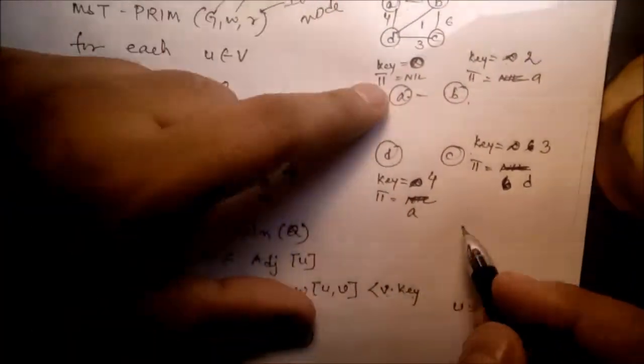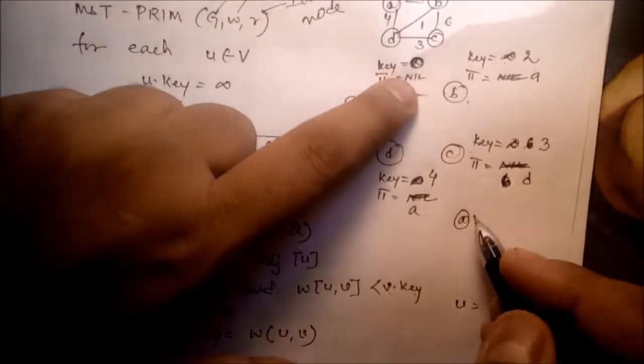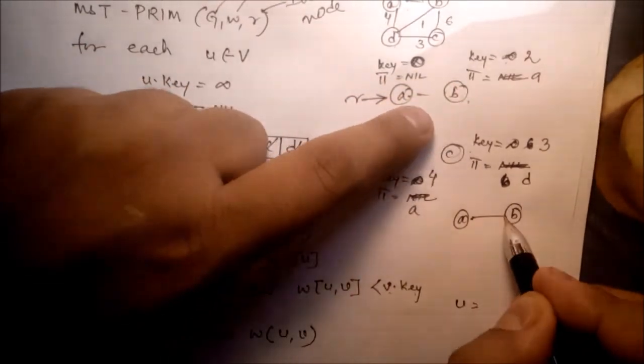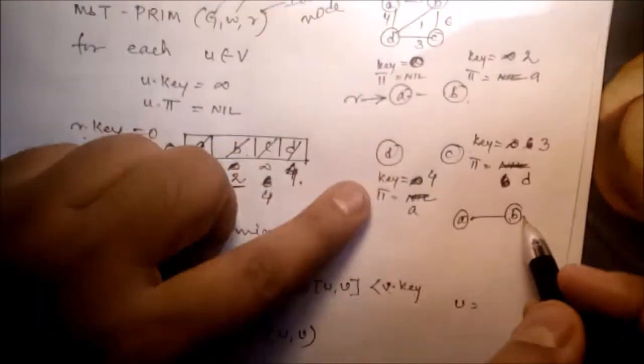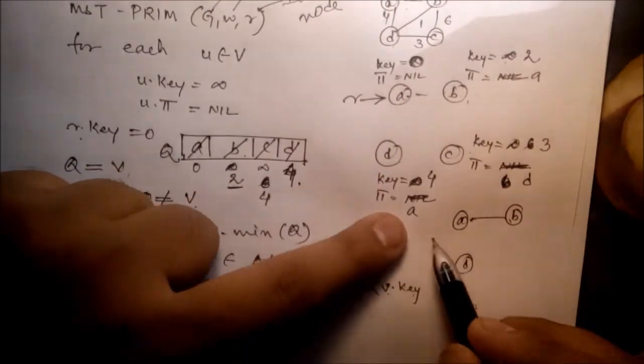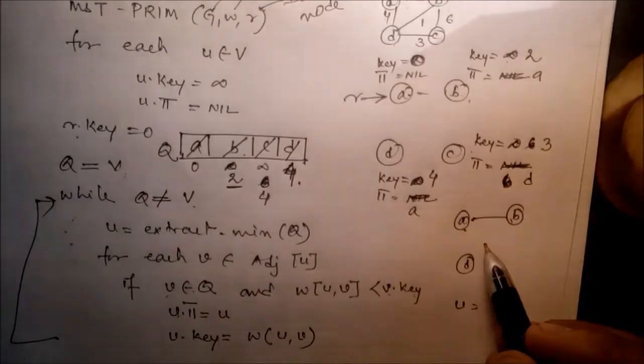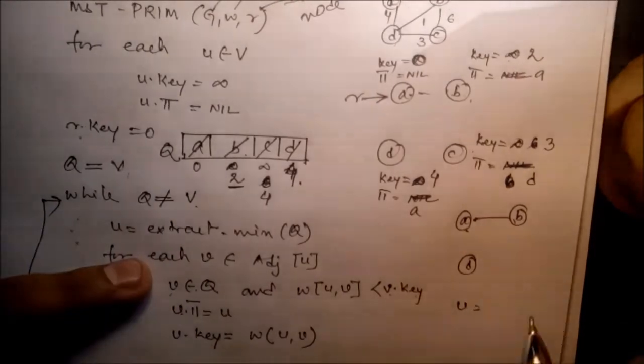Now we will get A, parent is nil, key 0. Next, B, parent will be A, and the distance between them is 2. D, parent will be A. Sorry, for D we have to update this one.